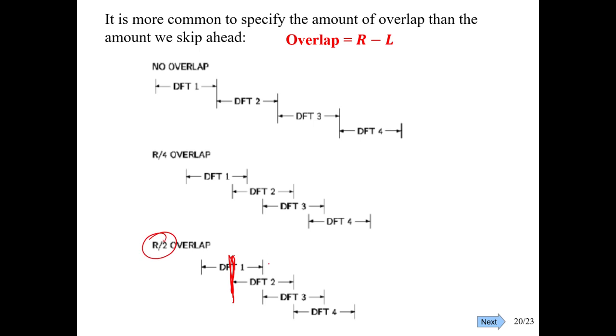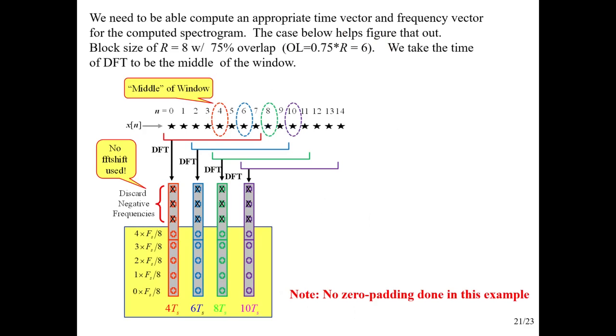We have 50% overlap between subsequent time blocks. And so that's the idea. So that would be called 50% overlap. So the common ones are 25% overlap, 50% overlap, 75% overlap. But you can do whatever you need for whatever application you're trying to do. So keep that in mind.